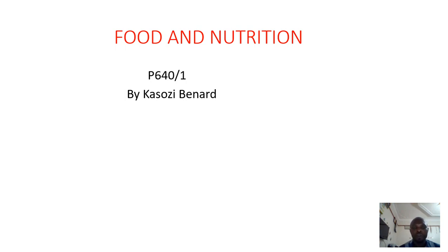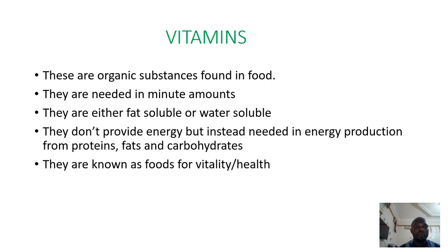I'll begin from where we stopped. We are going to look at vitamins, and these are organic substances found in food. They are needed in minute amounts, meaning you should not have a lot of these vitamins because they may lead to toxicity, or what we may refer to as hypervitaminosis.